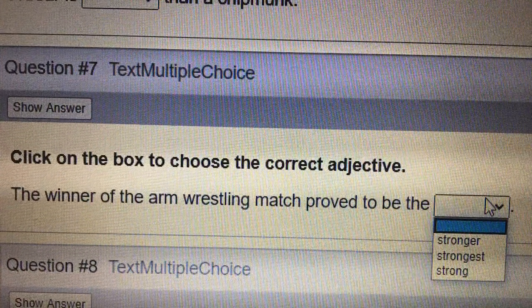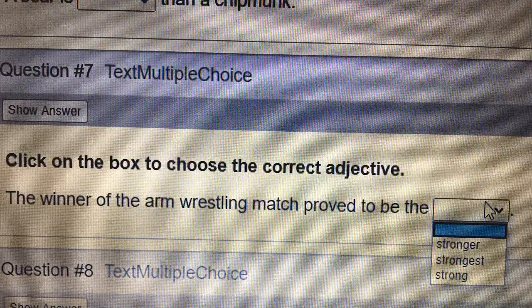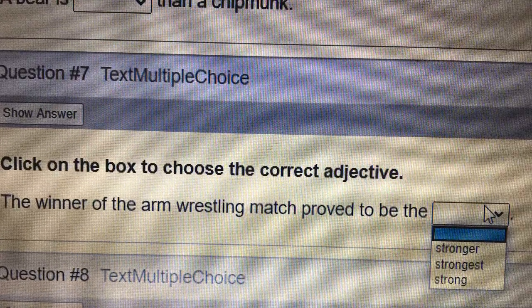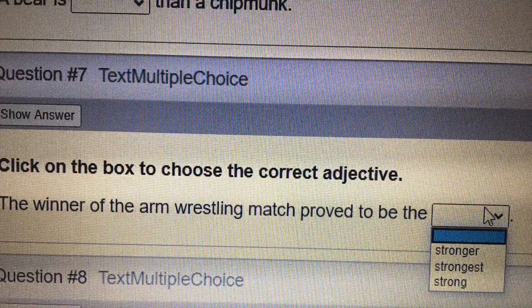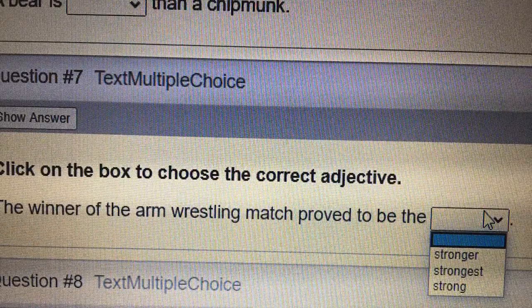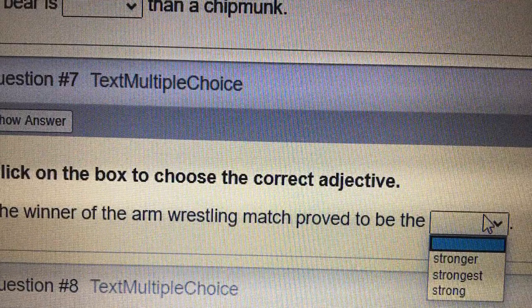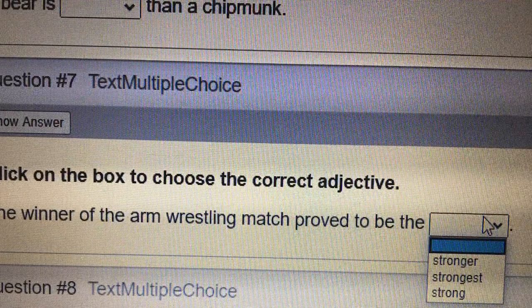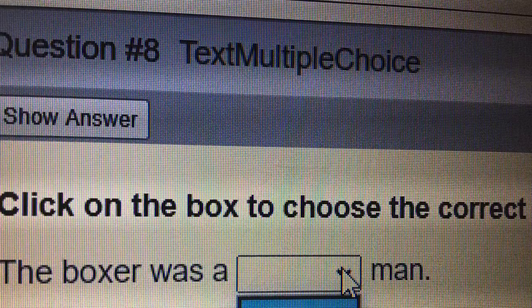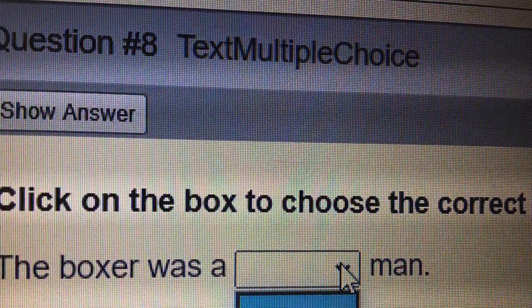The winner of the arm wrestling match proved to be the stronger, strongest, strong. Question 8. The boxer was a strongest, strong, stronger man.